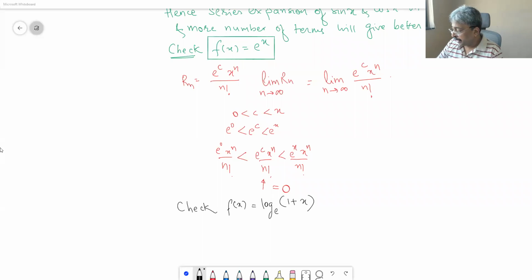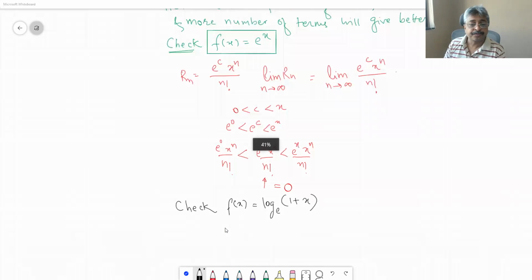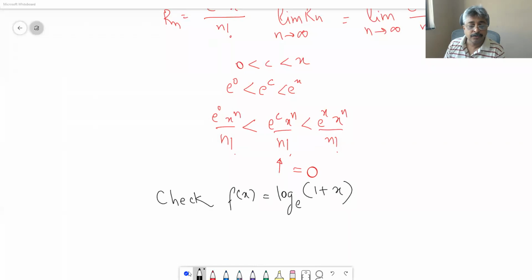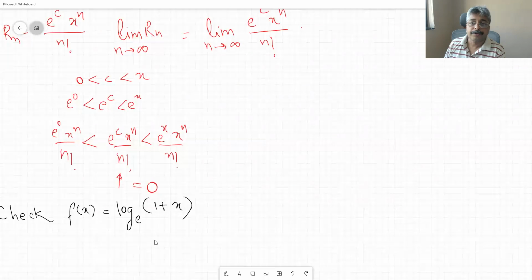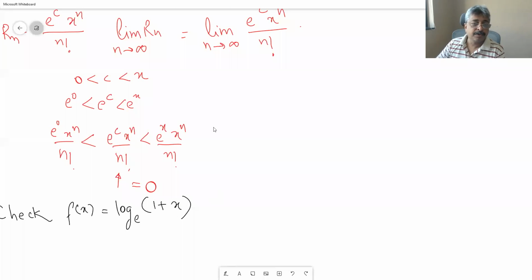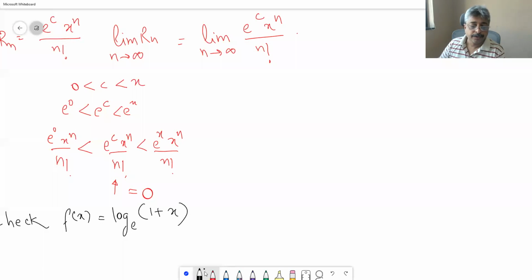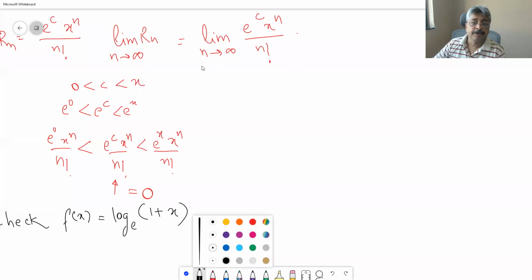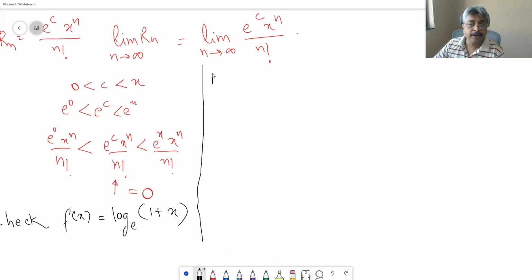Now let me write down the remainder term first. The remainder term, Rn, in case of log 1 plus x, the remainder is minus 1 raised to n minus 1 into x raised to n upon n into 1 plus c raised to n.